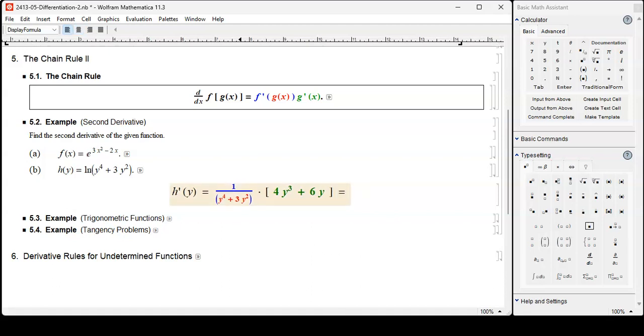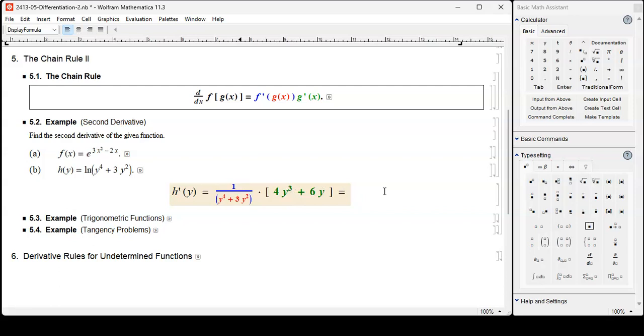Normally this would have been it, but that's not the end of the problem here because we have to do the second derivative computation. So for the first derivative here, we need to do some simplification in order to do the second derivative computation a little bit more effectively. So what do we do? This multiplication times this fraction applies to the numerator.